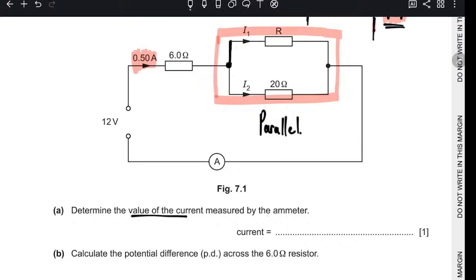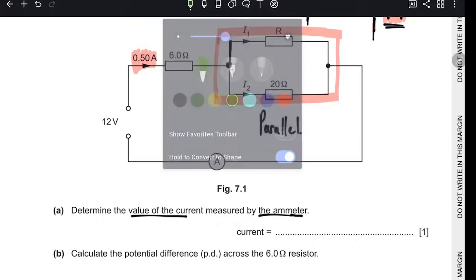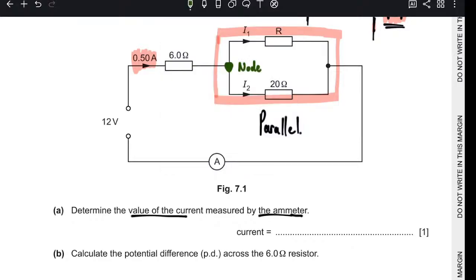When current gets to a branch, to a node, there's a special thing called a node, a place where three or more wires meet. It is going to split, okay? That's a sign of parallel.